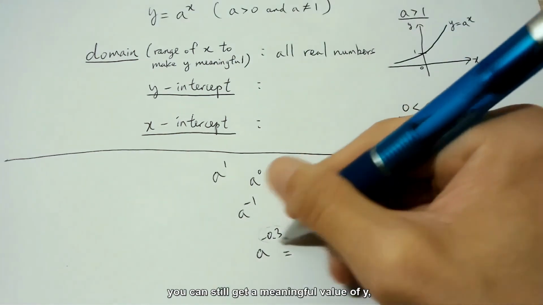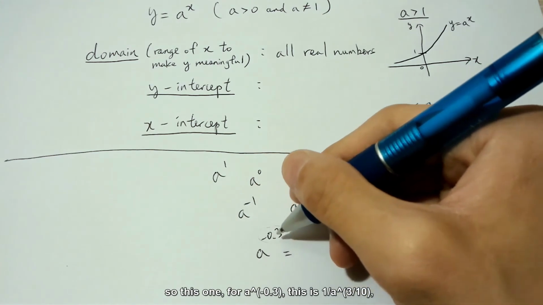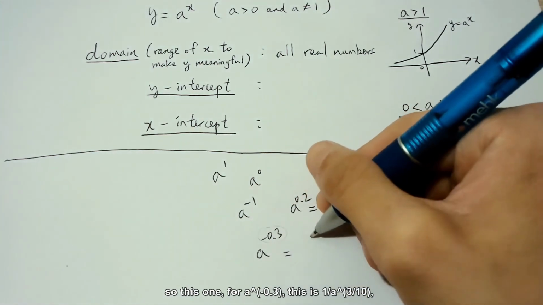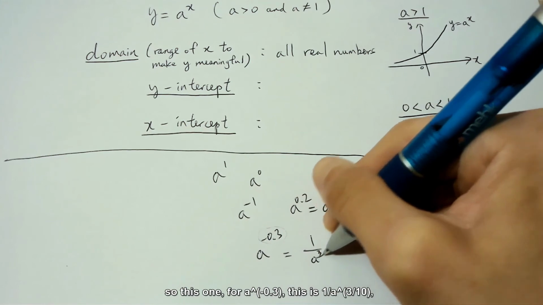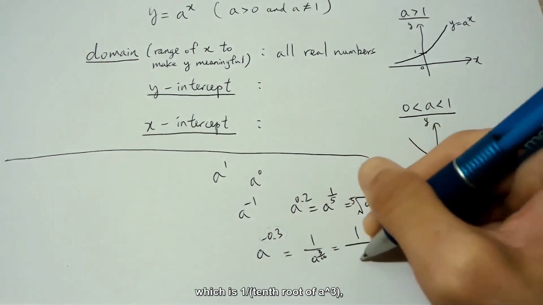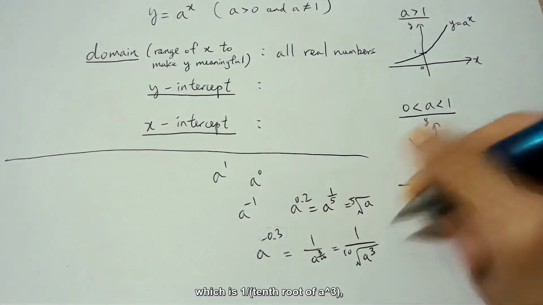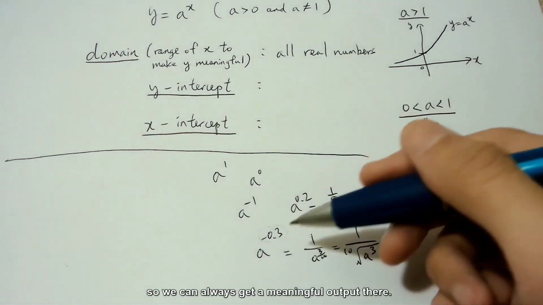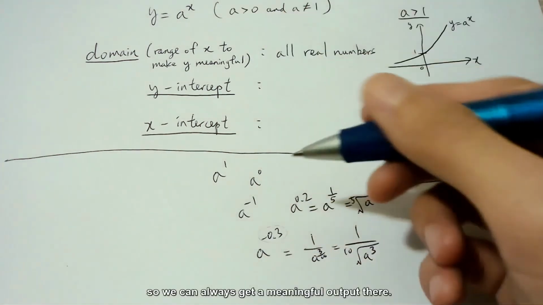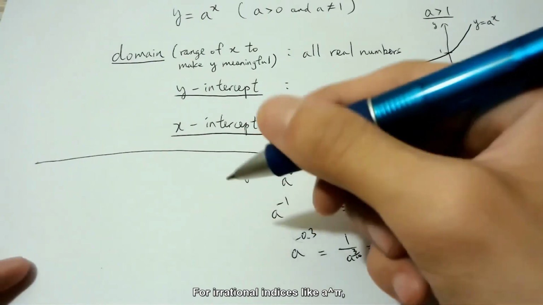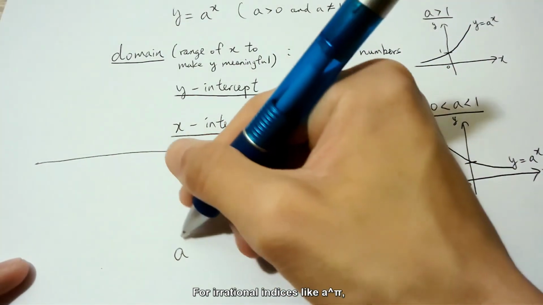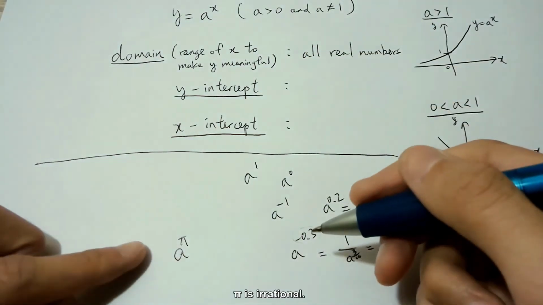So for a to the power -0.3, this is 1 over a to the power 3 over 10, which is 1 over the 10th root of a to the power 3. So we can always get a meaningful output there. For irrational indices like a to the power pi, this is irrational.